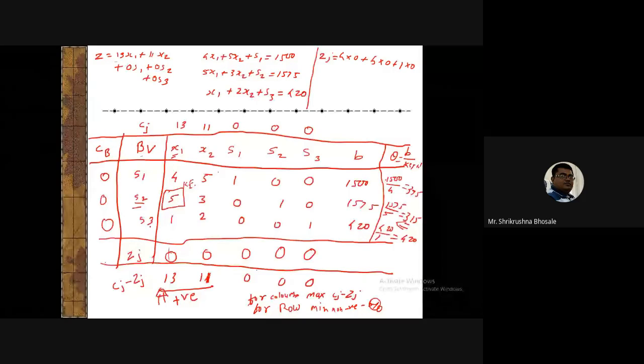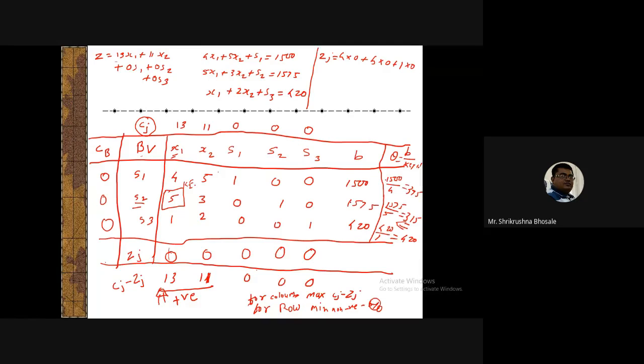So s1, s2, s3. Then their coefficients in this z equation are 0, 0, 0. Then Cj is nothing but the coefficients of the Z equation. So x1 13, x2 11, s1 0, s2 0, s3 0, and b the constants.